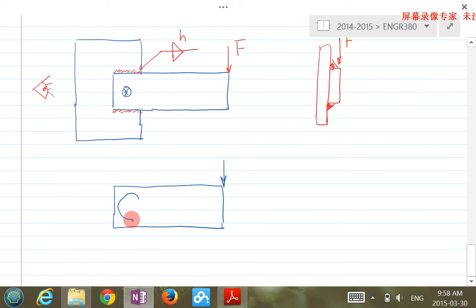So you need a moment M in this direction to cancel the moment from F, which is F times this distance. At the same time, you also need a shear force to cancel the shear force F at this location. That's the free body diagram for this one.